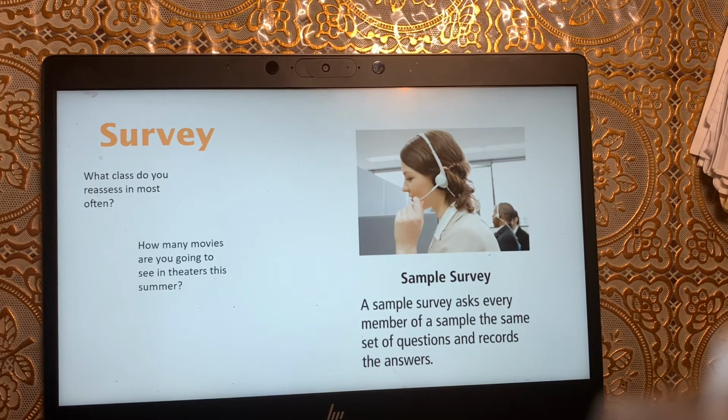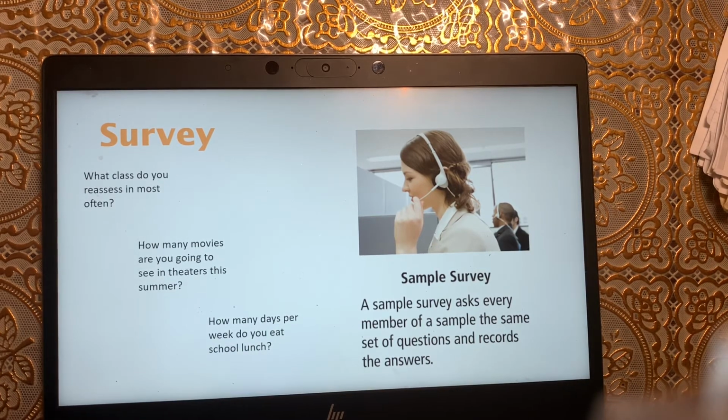How many movies are you going to see in theaters this summer? You can ask, survey and record that. How many days per week do you eat school lunch? So a sample survey is asking members of a sample the same set of questions and recording the answers.